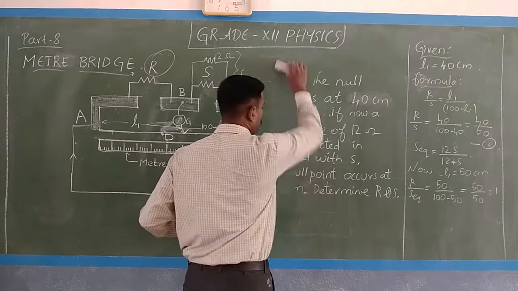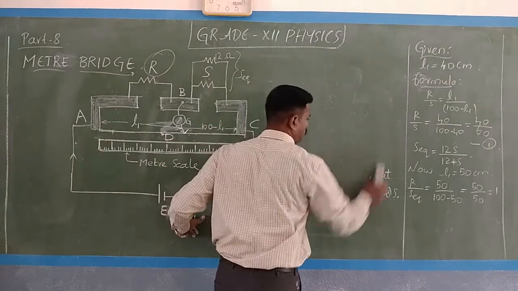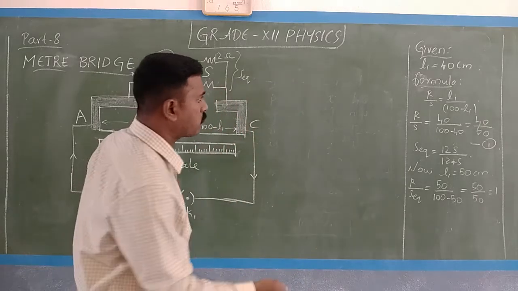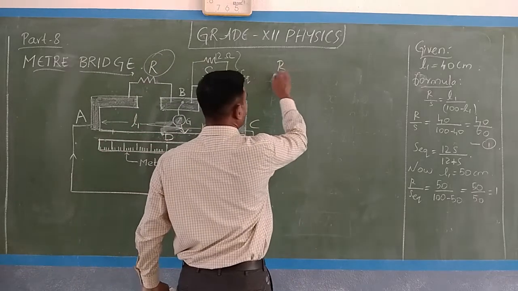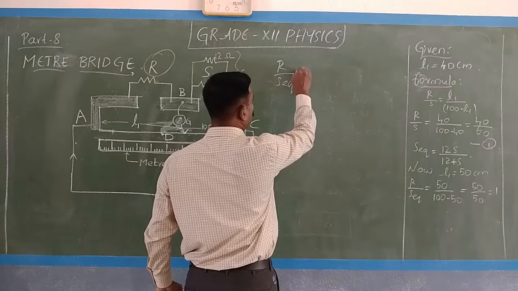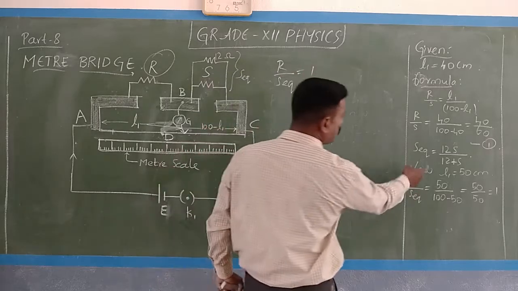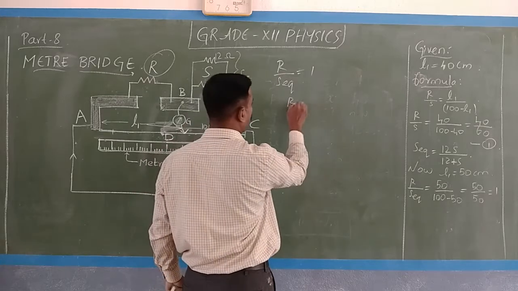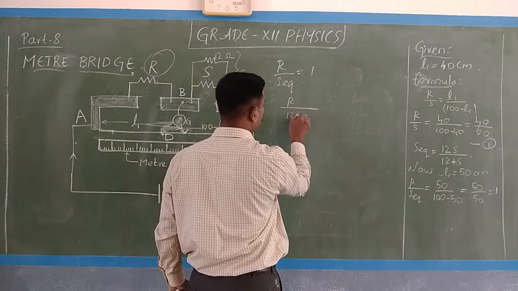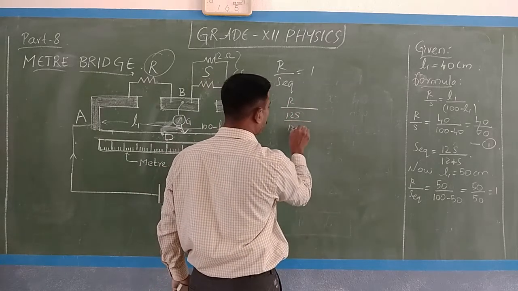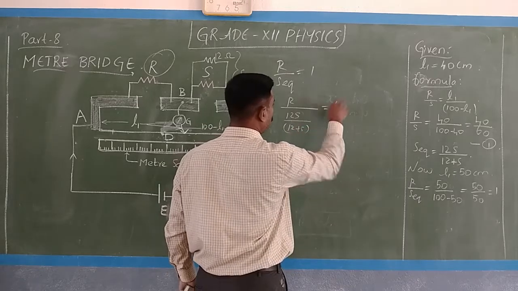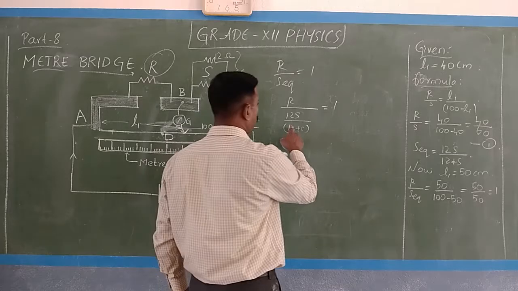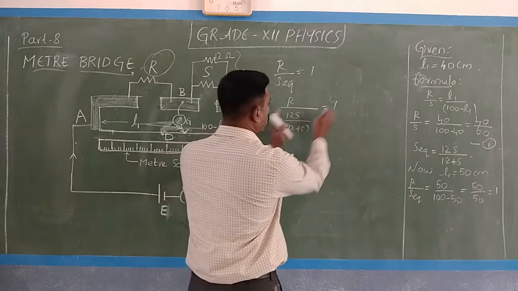Okay, now so what is R by S equivalent? R by S equivalent equal to 1. So what is S equivalent value? Substitute the value of S equivalent, R divided by 12S divided by 12 plus S equal to 1. So you take this, enter it into right hand side.